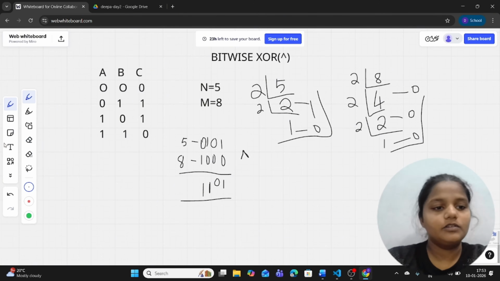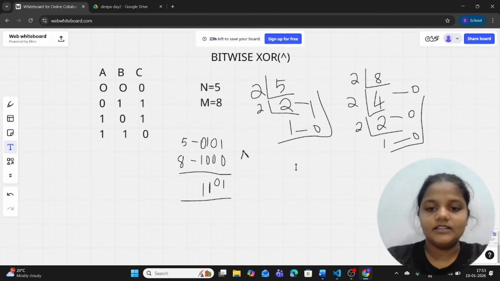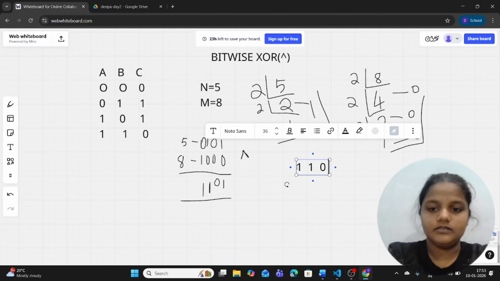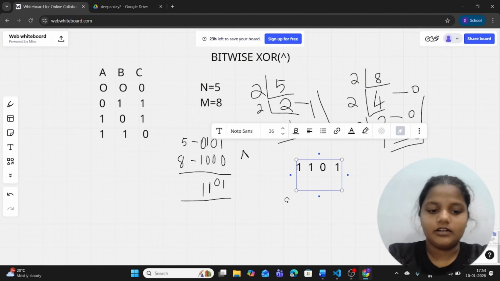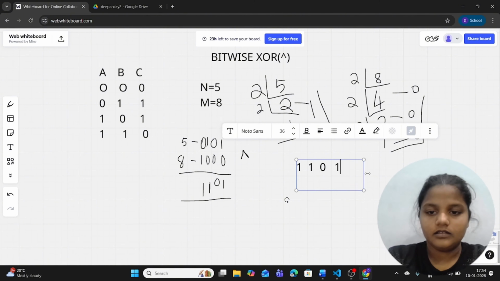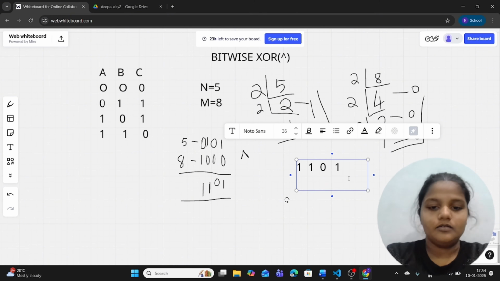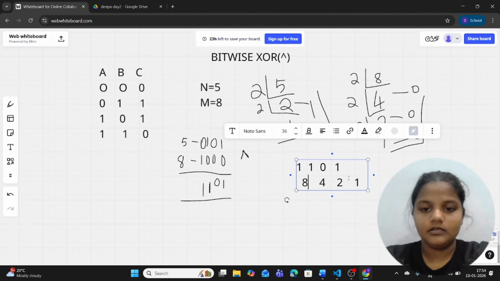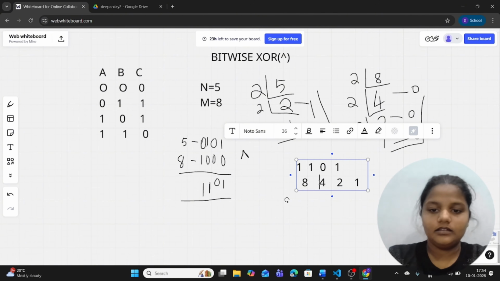Now how are we going to convert this? We have our binary value 1 1 0 1, right? So our corresponding bit values are 1, 2, 4, 8, right?